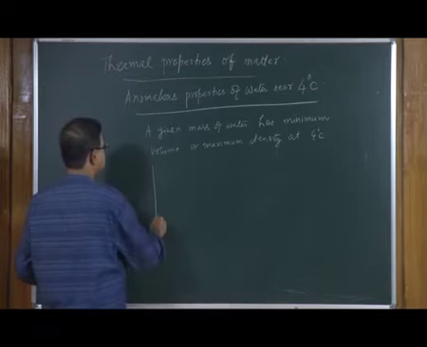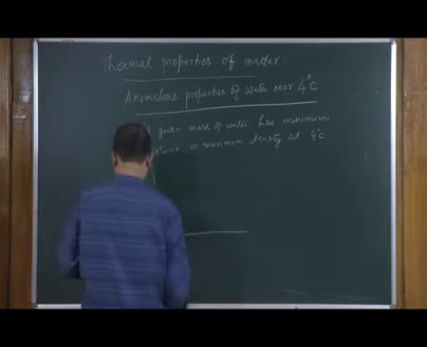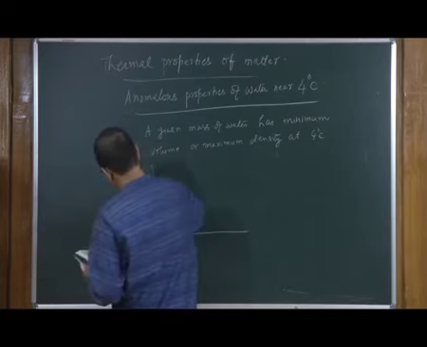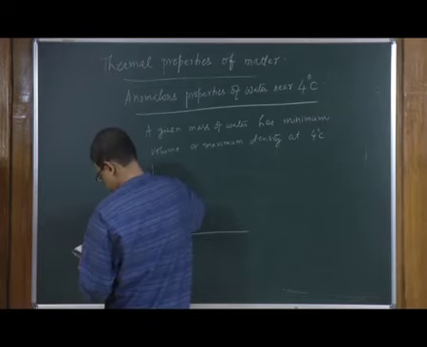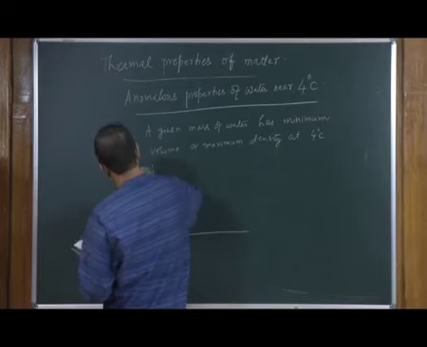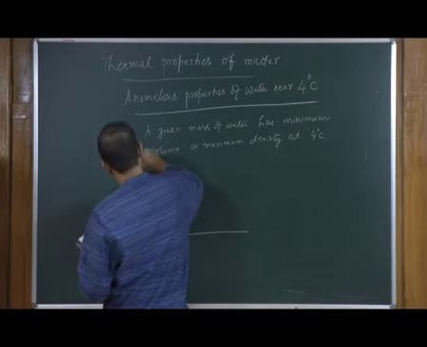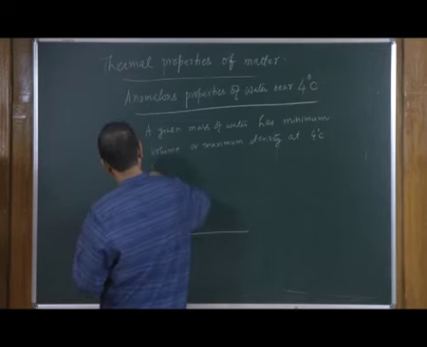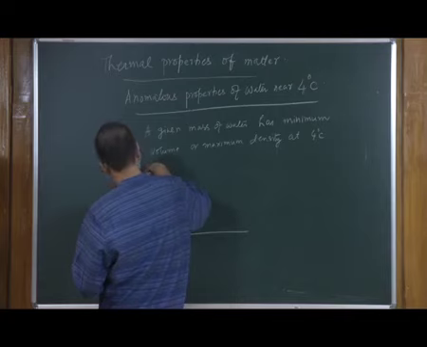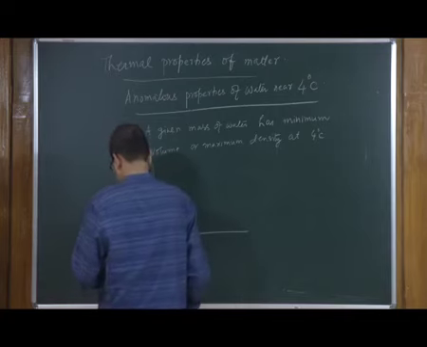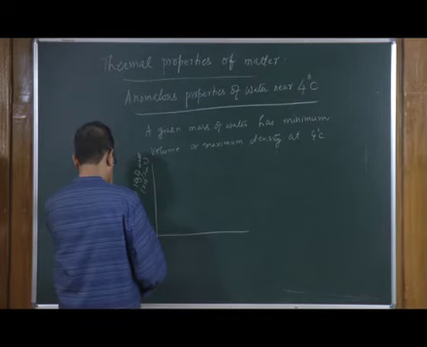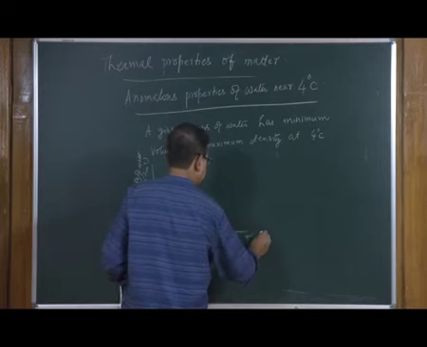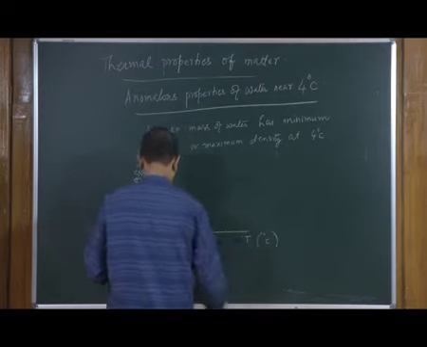So, this is the volume of 1 kg of water, and this is in 10 to the power minus 3 meter cube, and this is my temperature scale, in degree centigrade.